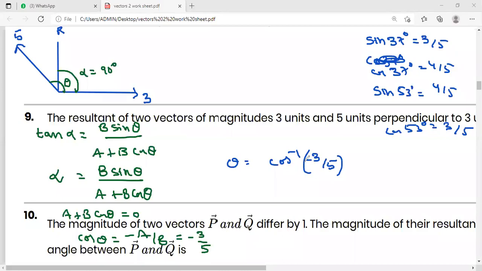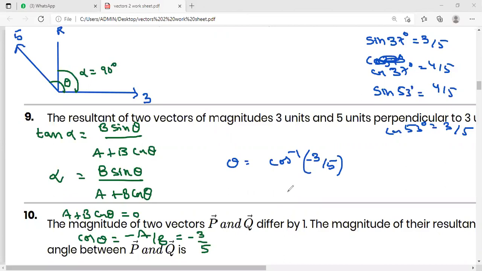But if it is only 3 by 5, what is the answer then? 53 degrees. But here minus 3 by 5 is there, no? So you will get that particular answer in case of cos of 180 minus theta.